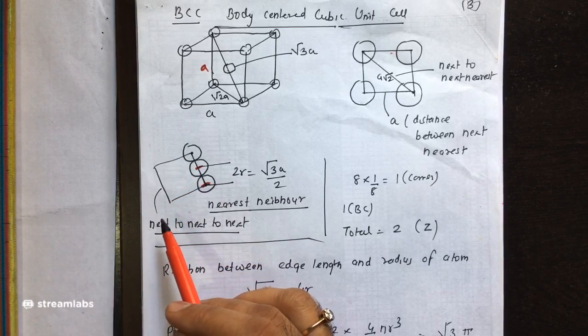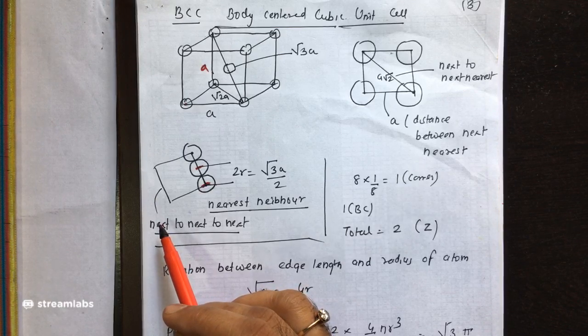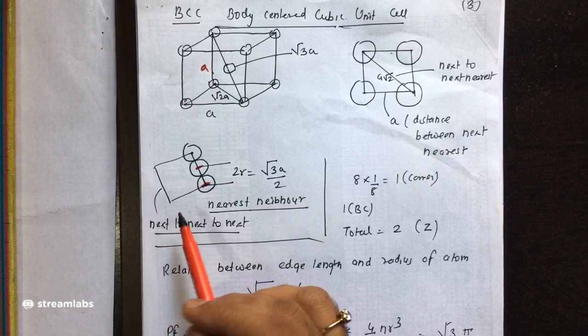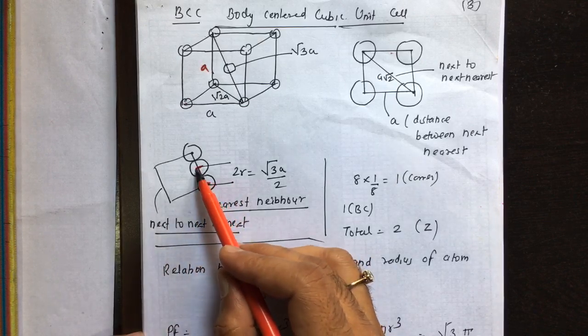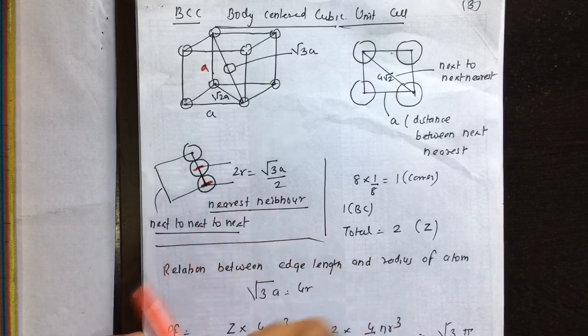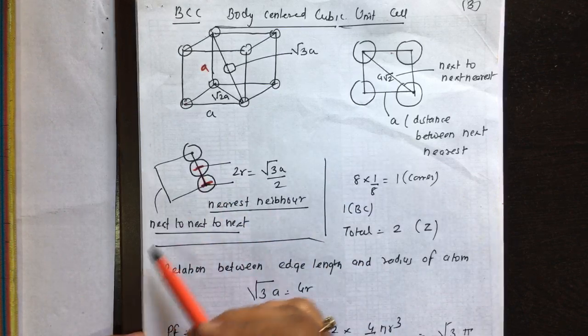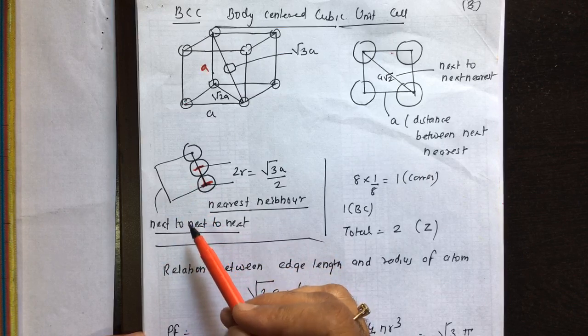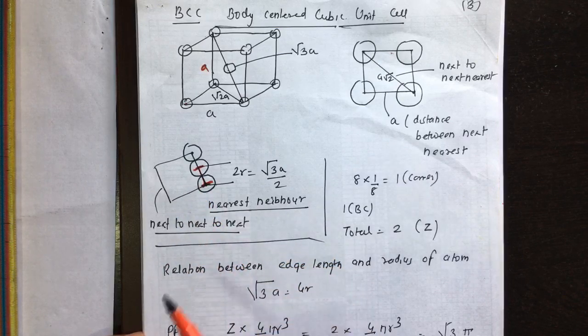But my dear students, what is the nearest neighbor in case of BCC? The nearest neighbor in case of BCC will be from here till here. If the entire body diagonal is root of 3A equal to 4R, then this will be root of 3A by 2.